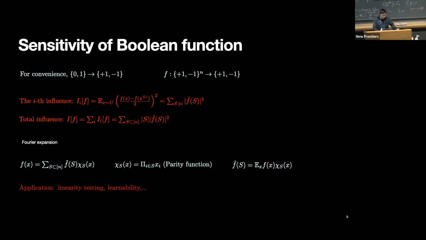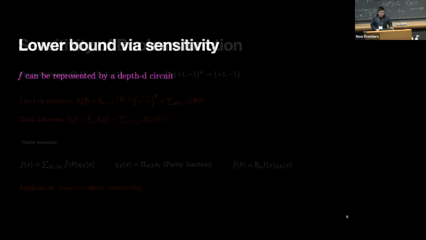The quantities we used here have a lot of applications, for example in linearity testing and learnability. But here, we focus on the application of sensitivity in circuit complexity. There is a very classical result about circuit complexity and sensitivity.